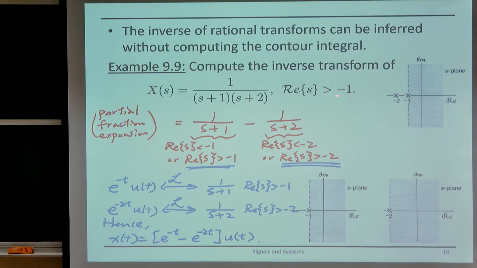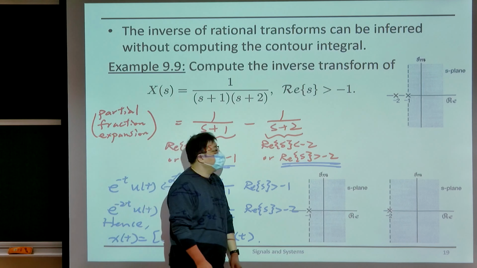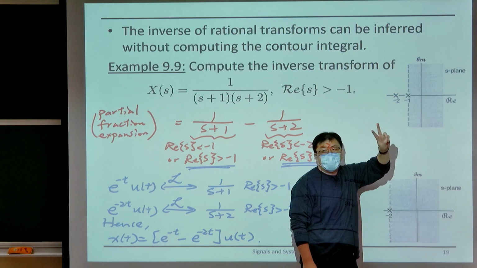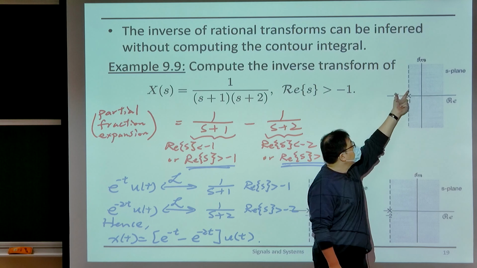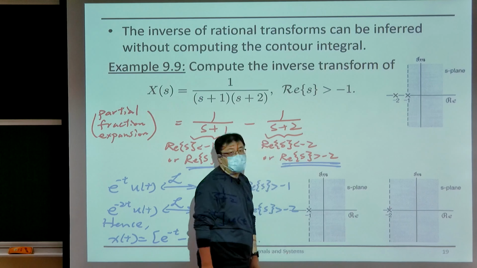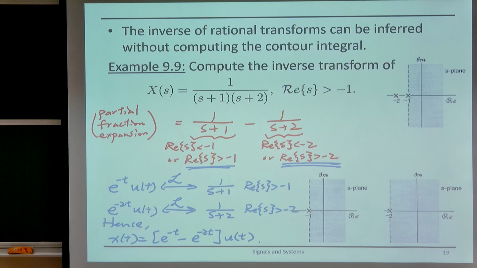Now, if you're looking at this Laplace transform with a different region of convergence, then it will correspond to a different time domain signal. So if you look at a Laplace transform with this algebraic expression here, then other than this region of convergence, there are two other possibilities. One is the strip between minus 1 and minus 2, and one is to the left of minus 2. And each one of those corresponds to a different time domain signal.